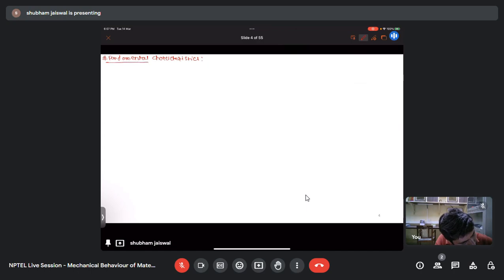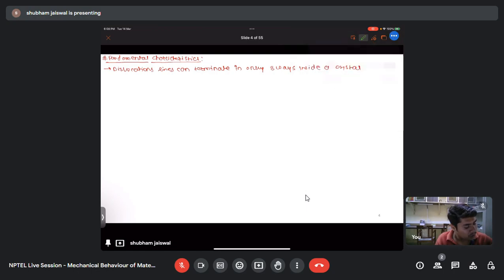So what are the fundamental characteristics of dislocation? In this, we have seen how a dislocation can terminate inside a crystal. We have seen that dislocation lines can terminate in only three ways inside a crystal.